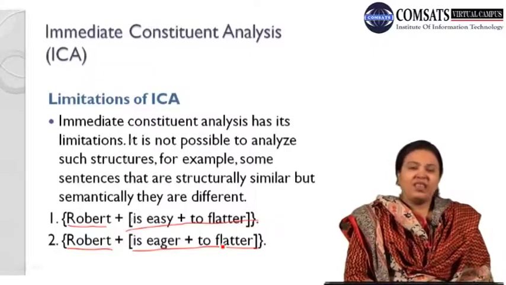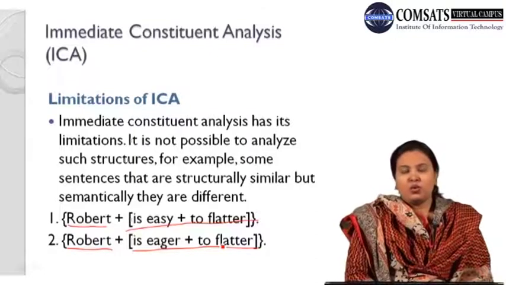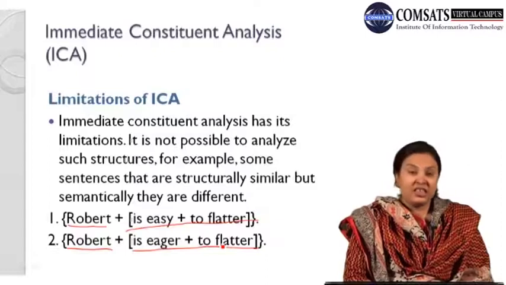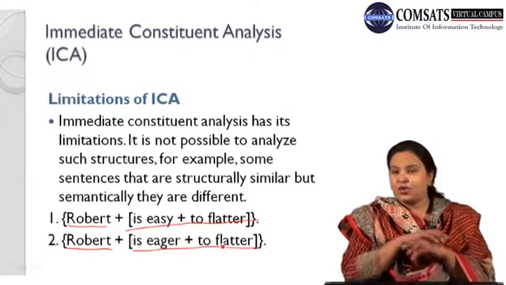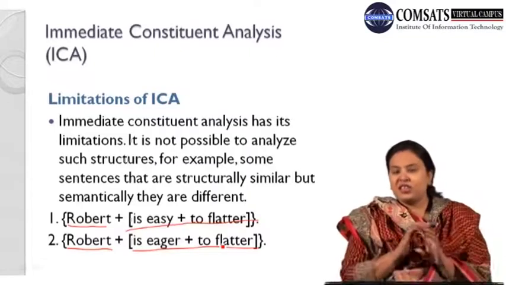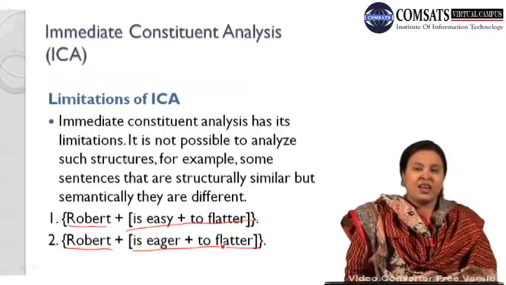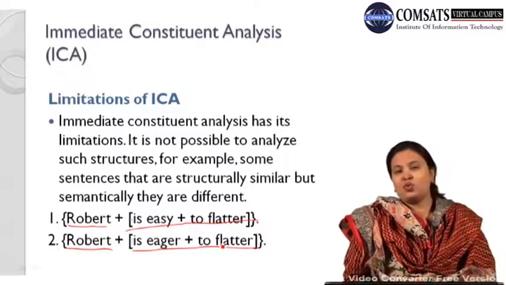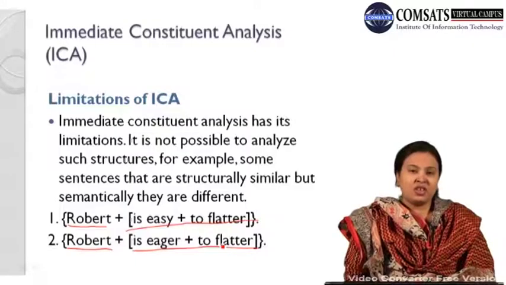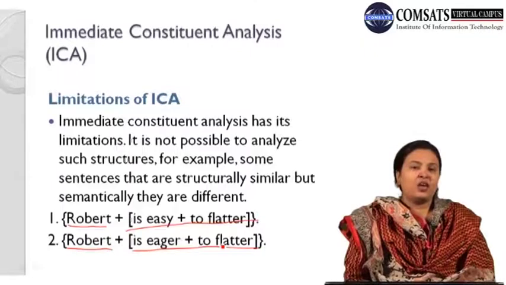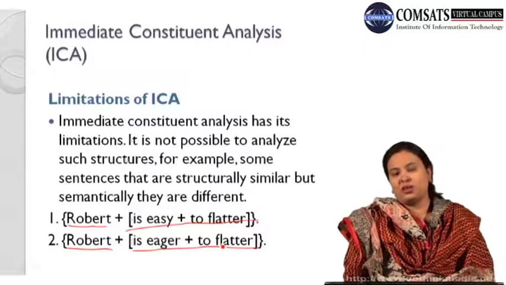But if these sentences show the same structures, do we get the same meaning out of these two structures? With is easy to flatter and is eager to flatter, the meanings totally change. The structural analysis shows that these two sentences are structurally very similar, but semantically they are totally different from each other.